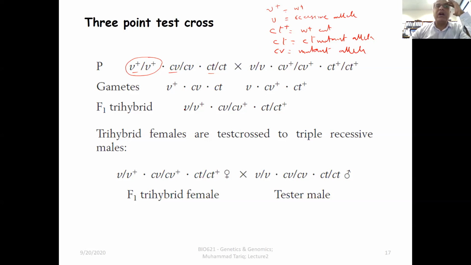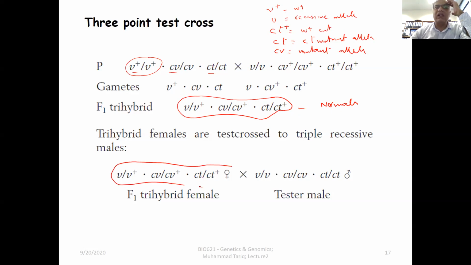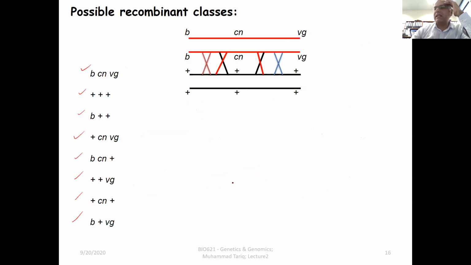Now you get the F1 trihybrid. F1 trihybrid will be heterozygous, which will be all normal because all these traits are recessive. Now you set up a 3-point test cross, which means you take the F1 parent, this one, the F1 female, crossed with the tester male, this one, and you will get classes like you get here.